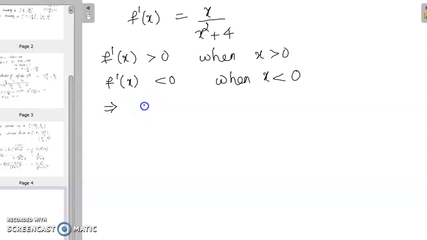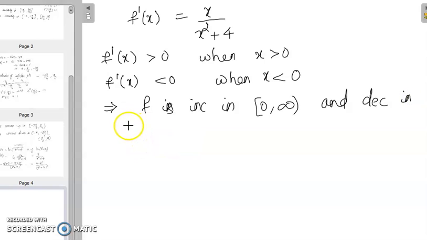So therefore f is increasing in the interval 0 to infinity, and it will be decreasing in the interval minus infinity to closed interval 0. So that is the interval where the function is increasing and decreasing.